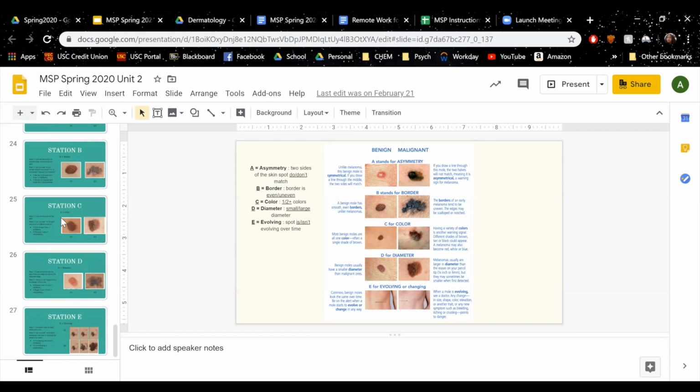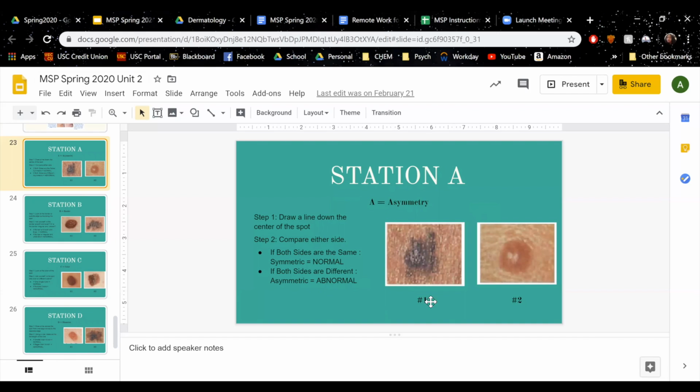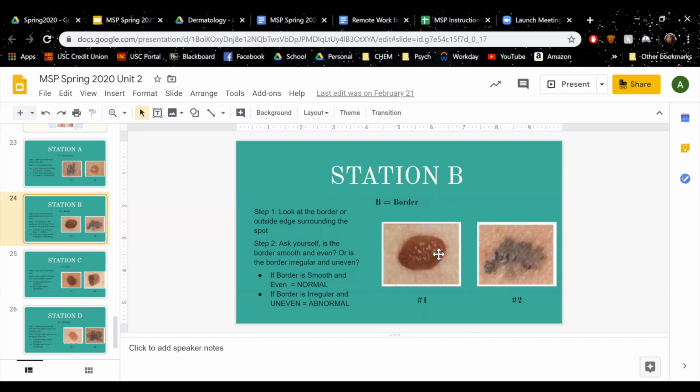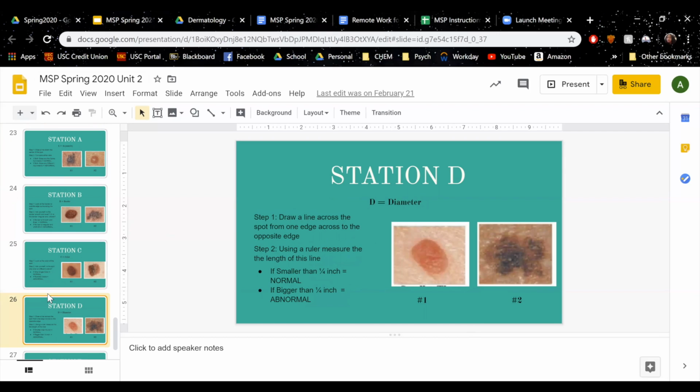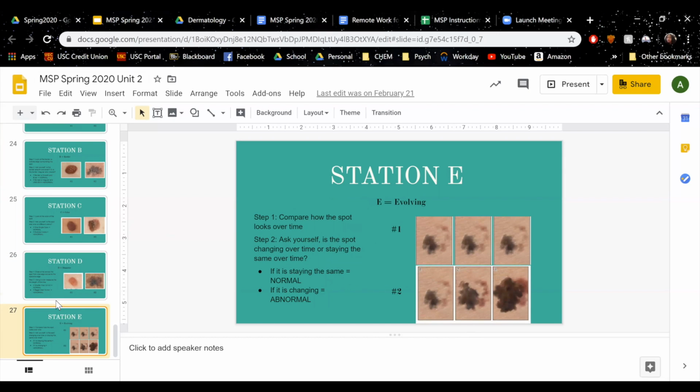I have 5 tables, and that's perfect because it's ABCDE. So at table A, I had them determine which one was benign and which one was malignant based on A, symmetry, B, border, C, color, D, diameter, and E, evolving.